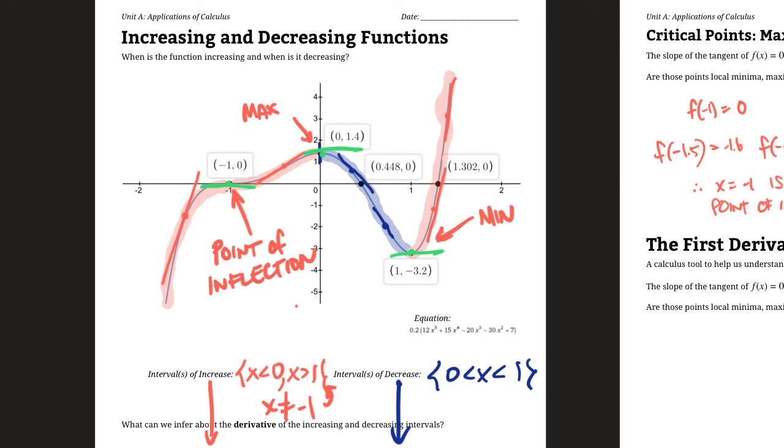For something to be a minimum, it had to be decreasing on one side and increasing on the other side. And then there was a point of inflection, which was increasing on one side and increasing on the other side. So what you see is that at each of these points, the slope is 0, first of all. And second of all, whether it's increasing or decreasing on either side tells us also if it's a local maximum or a local minimum.